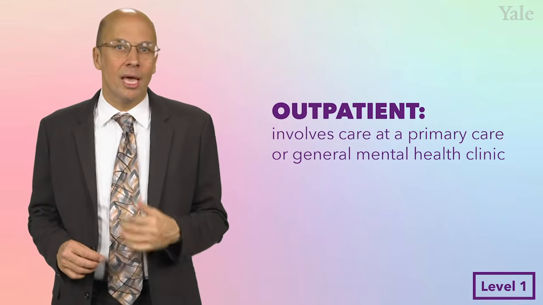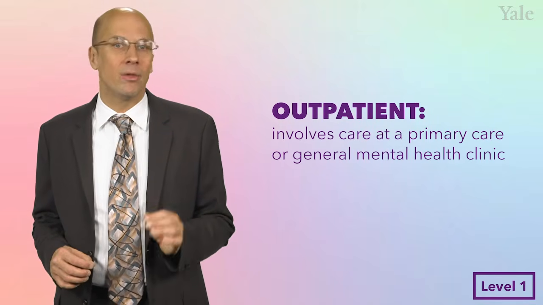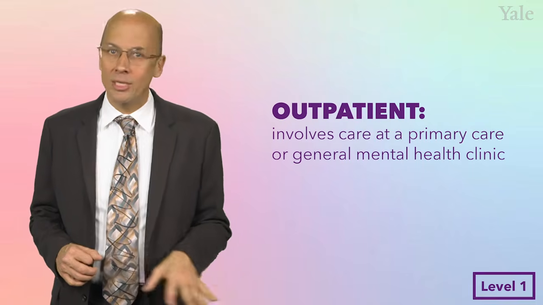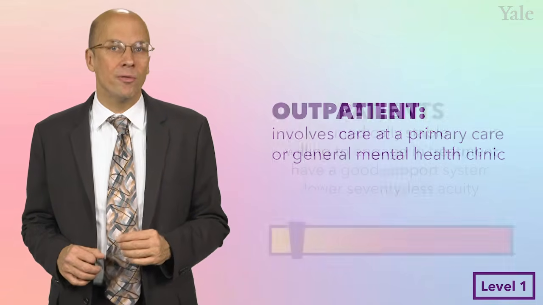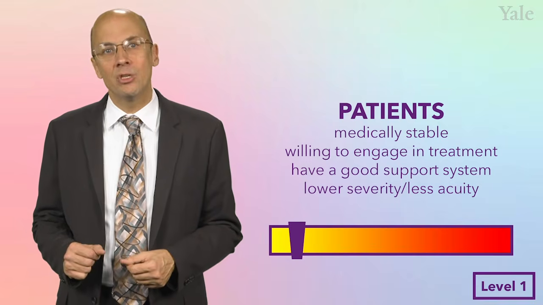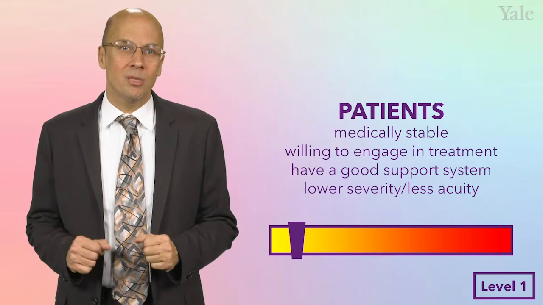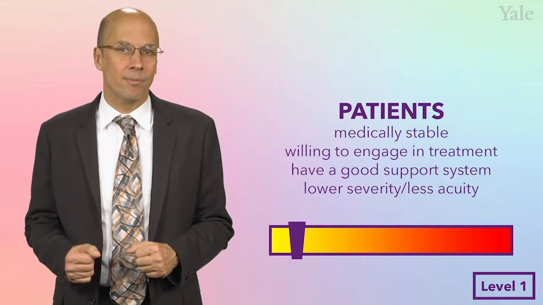Outpatient services can involve care at a primary care or general mental health clinic. Low-intensity outpatient services are appropriate for individuals who are medically stable, willing to engage in treatment recommendations and follow-up care, and for those who have a good support system in place to help the recovery process.